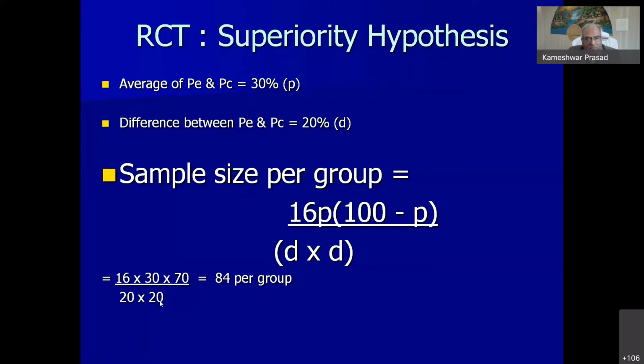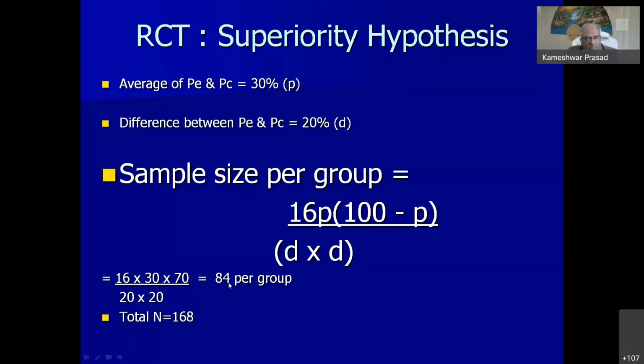If you cancel the zeros, 2 fours are 4, 4 fours are 16. So 4 into 3 into 7, which is 84. This gives you the sample size per group. It is not for one group. Since you have two groups, the total sample size will be 168. It's as simple as this.